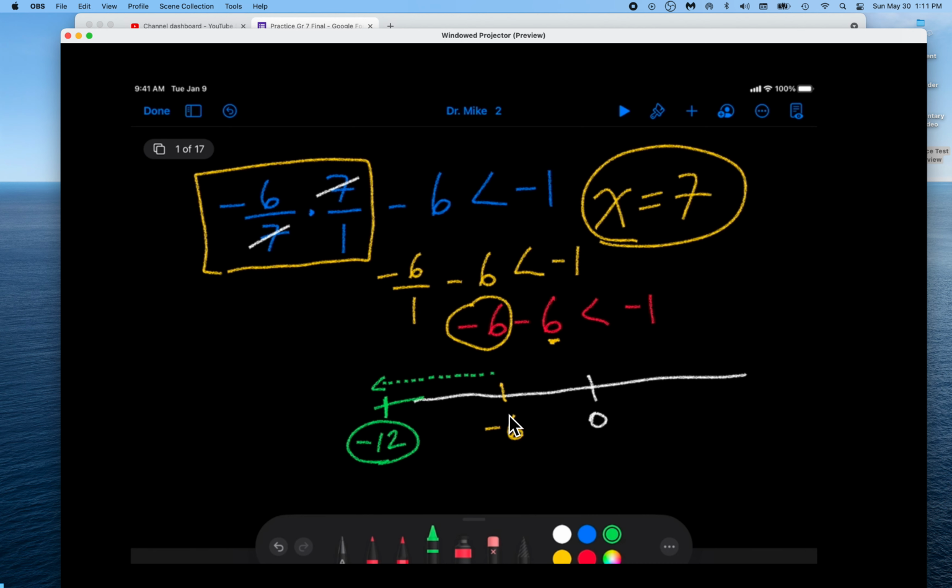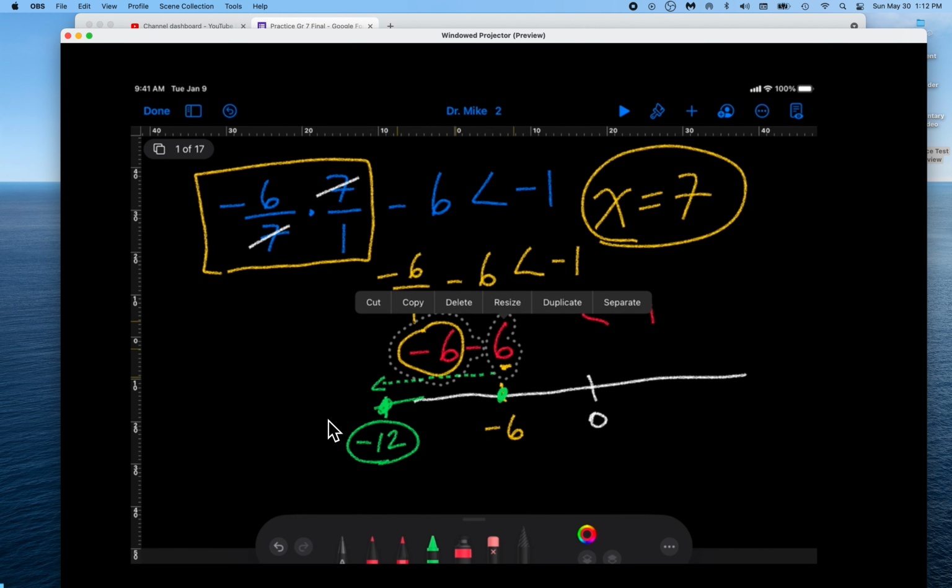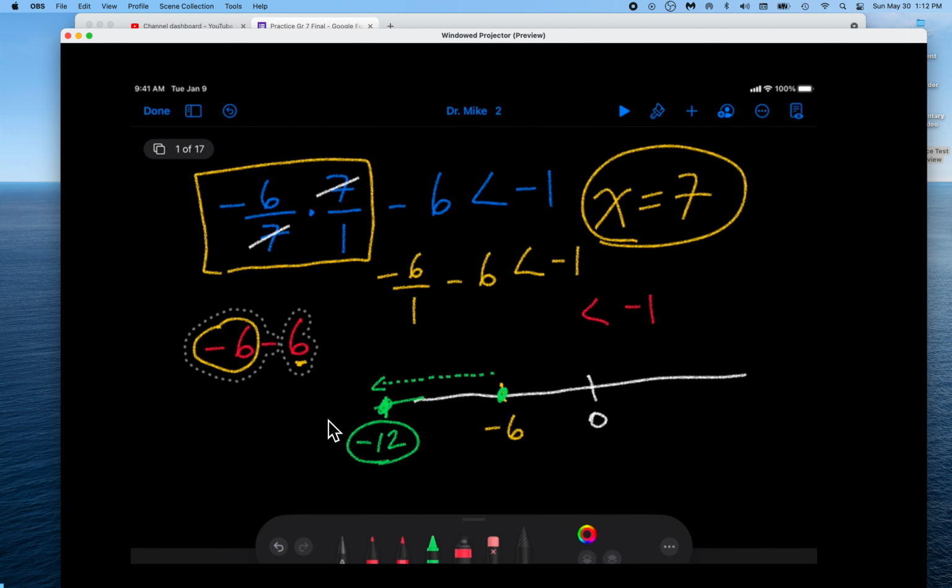So -6, start at -6. The minus sign means I'm moving to the left, and I'm going 6 units to the left, and I end up at -12. So I'm going to replace this with this.